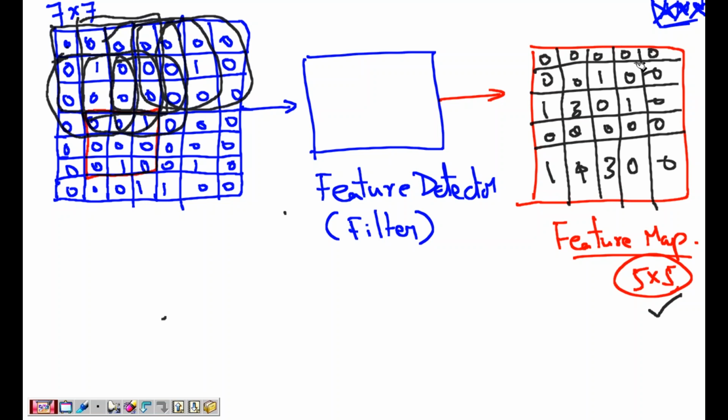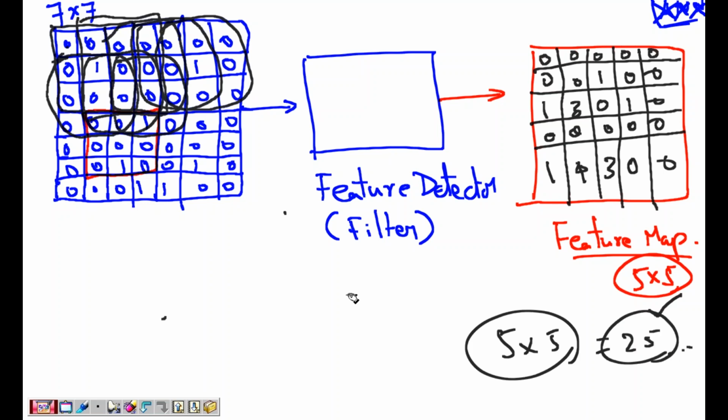So totally, 5 by 5 means 25. In how many cases did this kind of behavior appear? 1 plus 1 plus 3 plus 1 plus 1 plus 4 plus 3. That many number of times that particular feature is repeated in that entire image. Up to now clear?